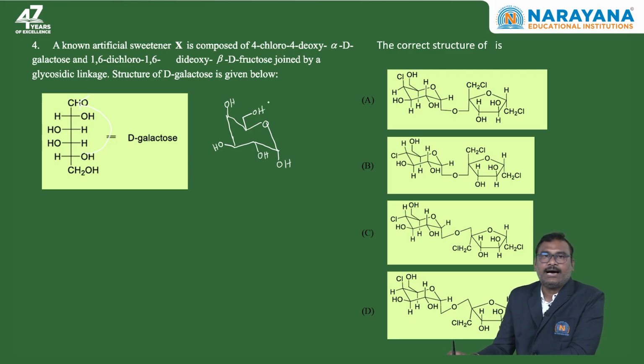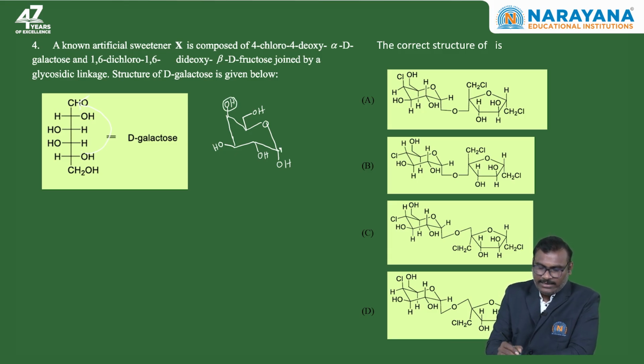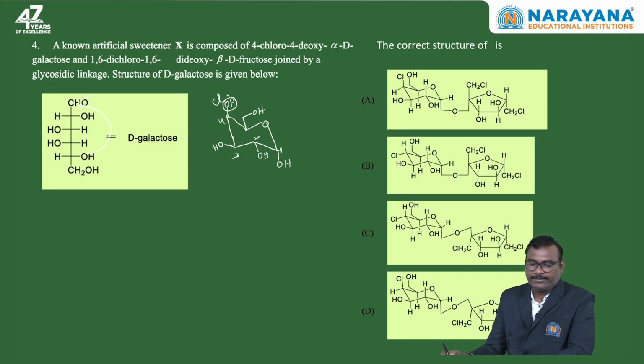This is alpha D-galactose. But in the question, there is 4-chloro-4-deoxy alpha D-galactose. What does it mean? This OH, 1, 2, 3, 4, is replaced by chlorine, that is 4-chloro-4-deoxy alpha D-galactose.